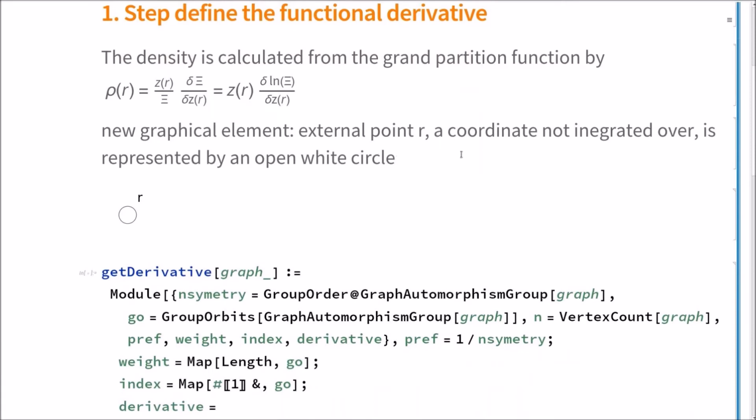In order to do this functional derivative, this is nothing else than in every diagram replacing each closed node, each black node, and opening it, making it a white open node, which means that we now have a function that is dependent on R, because the density depends on the coordinate. And so this is now an external coordinate in this graph.